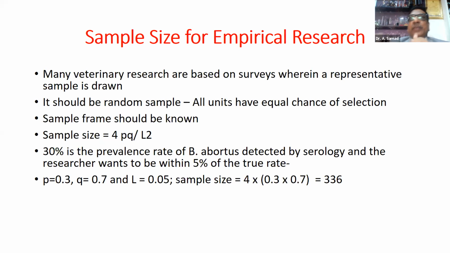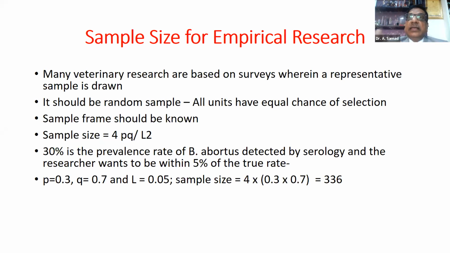Q is 1 minus P. So for example, here 30% is the prevalence rate of, say, Brucella abortus detected by serology. So there is an area where Brucella abortus serologically was fairly common, at 30% prevalence.